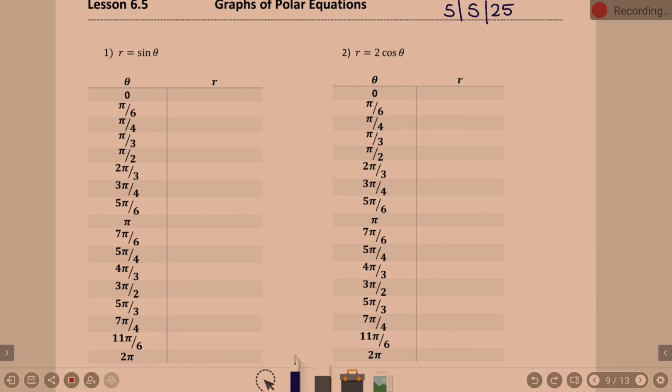So, example 1, r equals sine theta. We're taking our theta value and putting it into sine. What is the sine of 0?